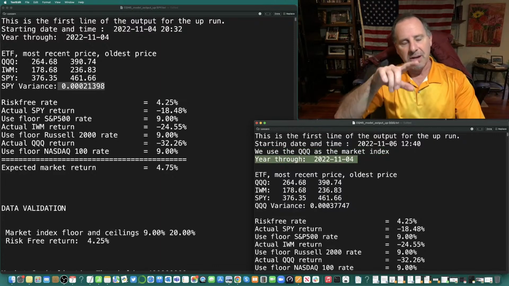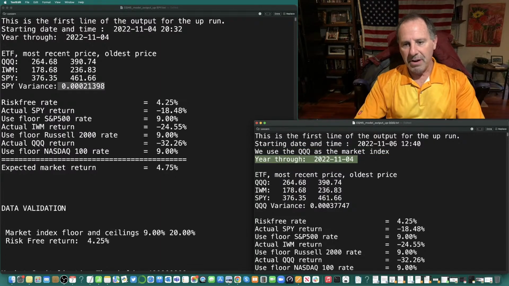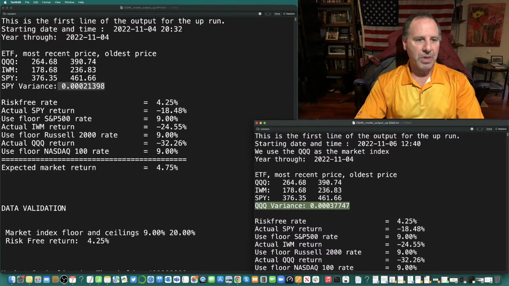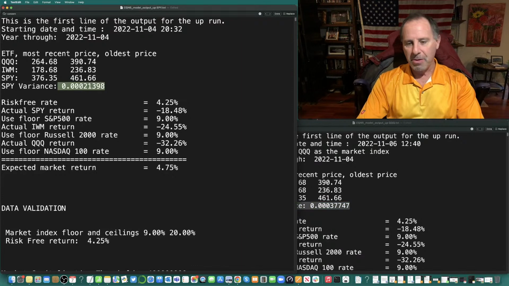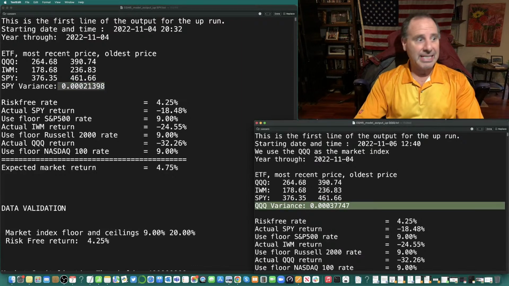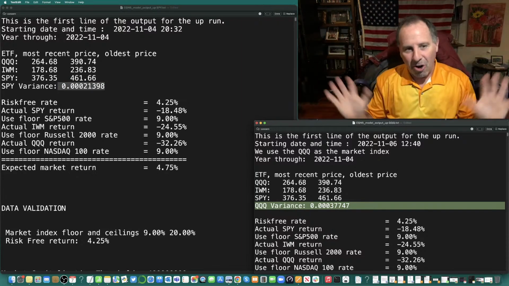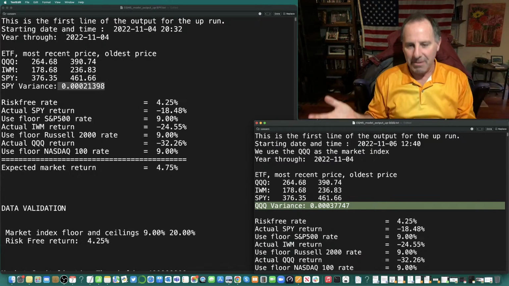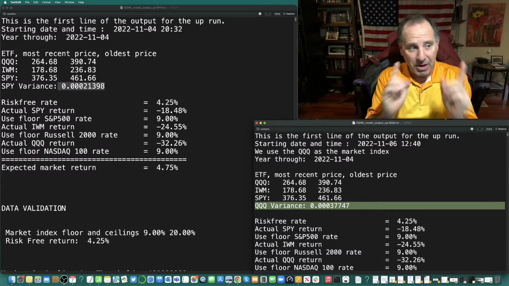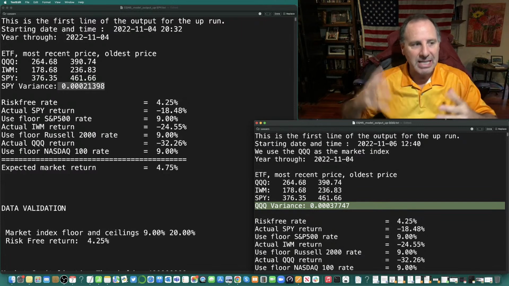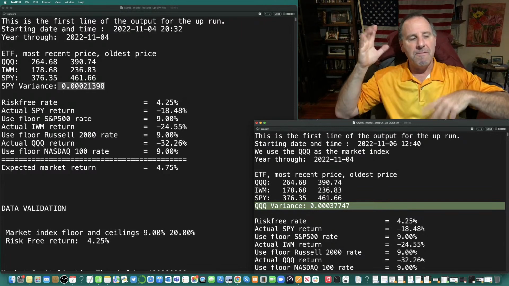This is through Friday, market close. The variance is 3.8 times 10 to the negative 4. 2.1, 3.8. That's a significant difference. That's almost double the variance. That's crazy, right? So that means a lot more movement, up and down.